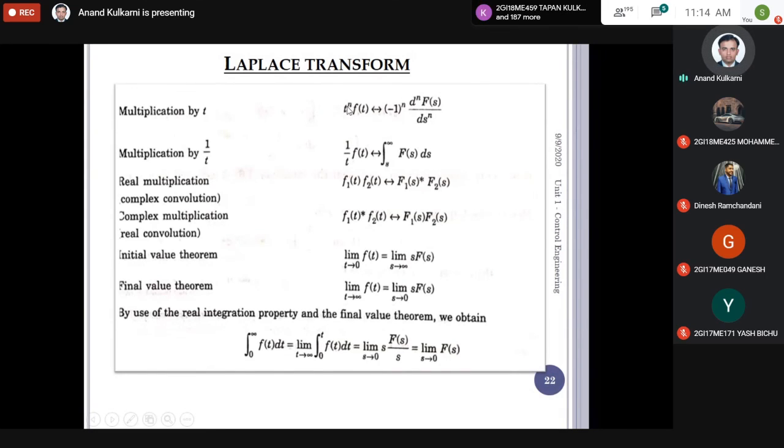So t to the power n into f of t becomes minus 1 to the power n into d to the power n f of s divided by ds to the power n. So if it is t into f of t, it becomes minus df of s divided by ds.